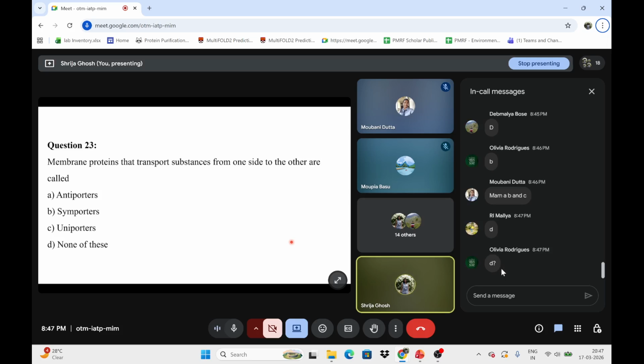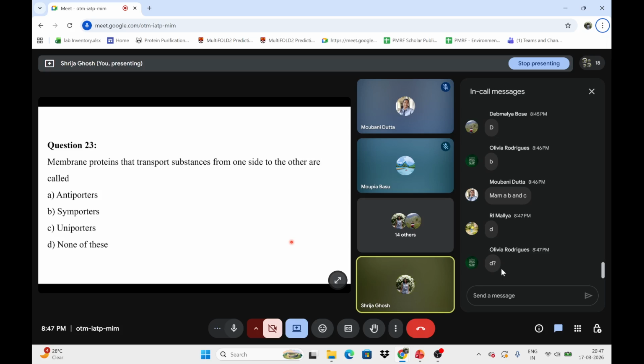Okay, I think the language of the question is confusing. The correct answer here is option C, uniporters. What the question meant was the membrane protein that can transport substances only in one direction, from one side to the other and not the other way around.